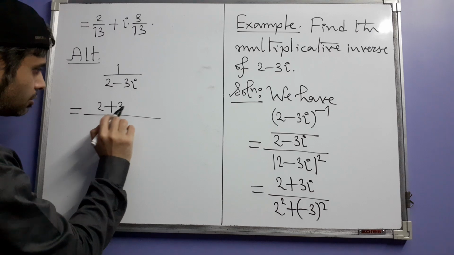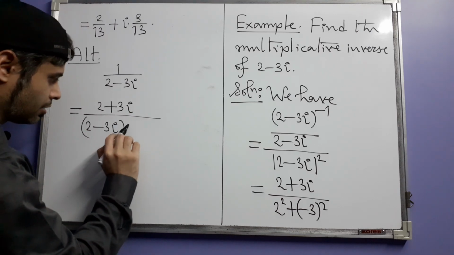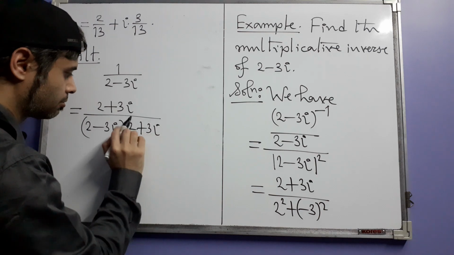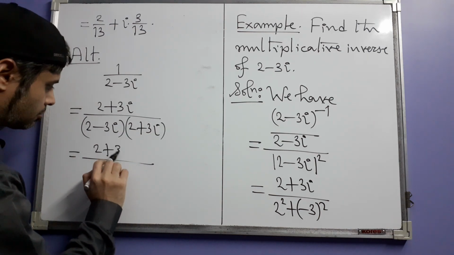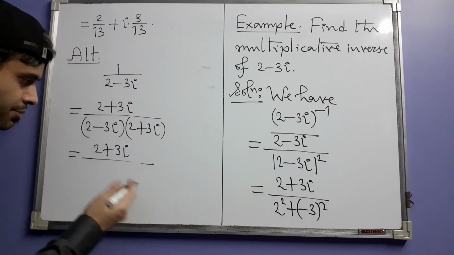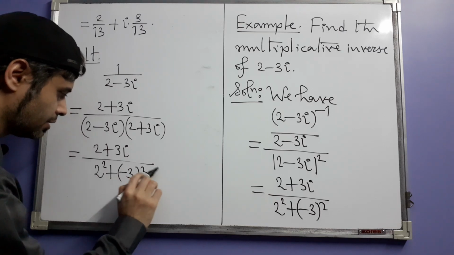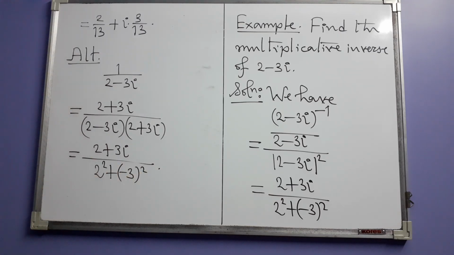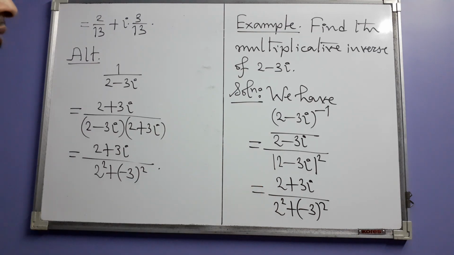That is 2 plus 3i and 2 plus 3i. This, if you use that formula, a plus b times a minus b, will eventually give you the same thing. Okay, so it's up to you to do it in whichever way you want.